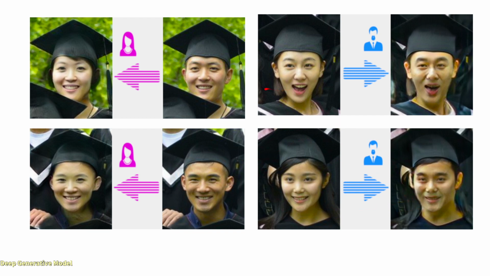Not only does it change the texture like the zebra and the horse, it also modifies the shape, because you can see that it has short hair for the male image, but when translated into a female image, it has longer hair.